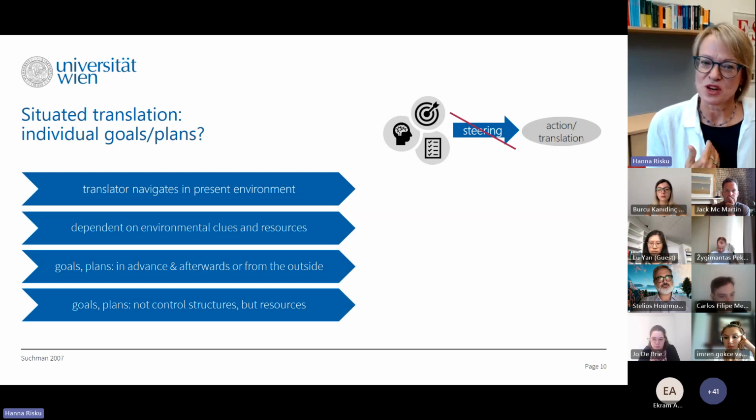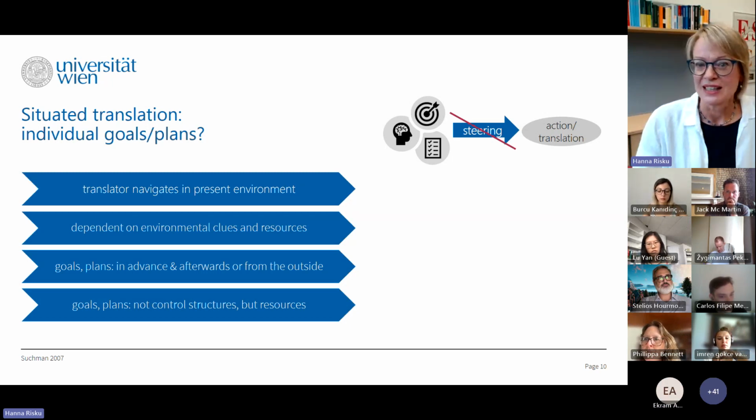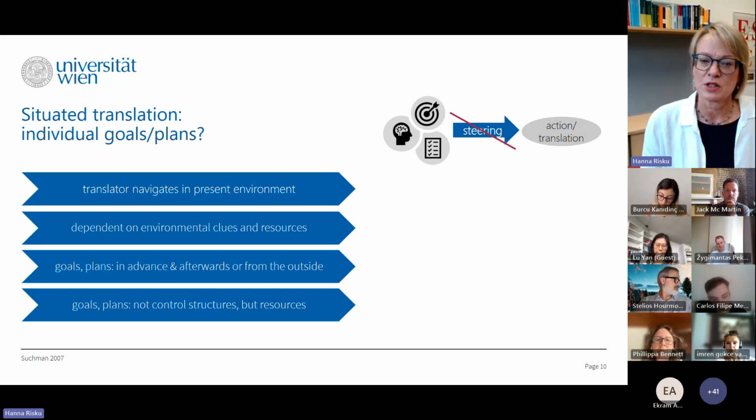Even though for others, for us as researchers, for example, a translation activity process might seem very goal-oriented and appear to follow an a priori charted course, individual translators still navigate in their present environments. So the process itself is always situated and contingent according to this approach, depending on the cues and resources in that specific context.